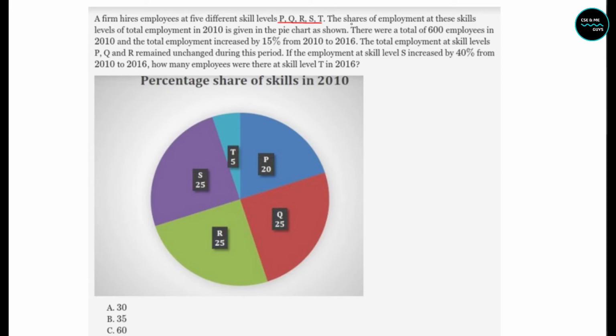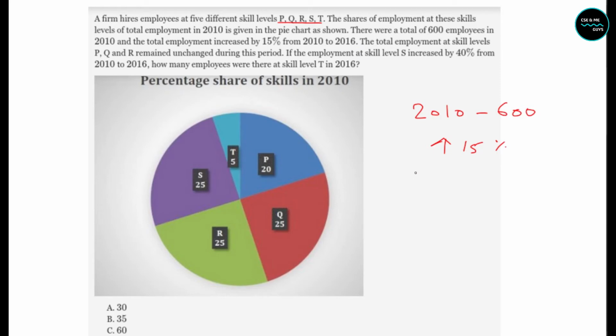This share is just a confusing word. It says the part of employment by skill. There were a total of 600 employees in 2010. The total employment increased by 15% from 2010 to 2016.